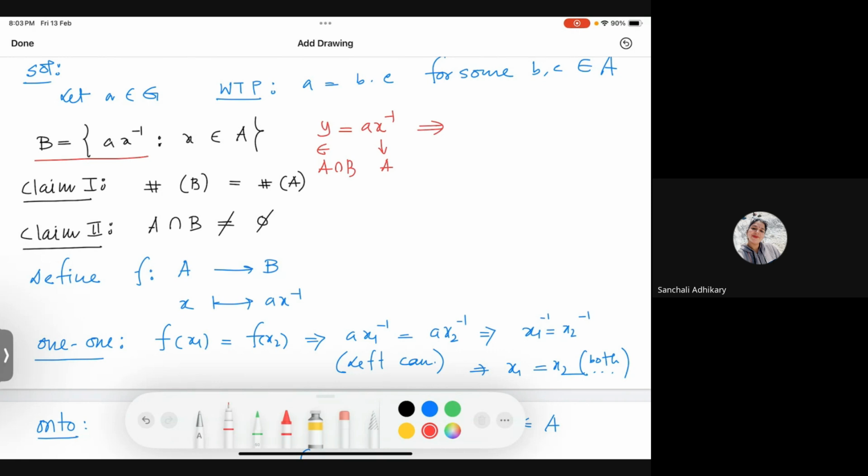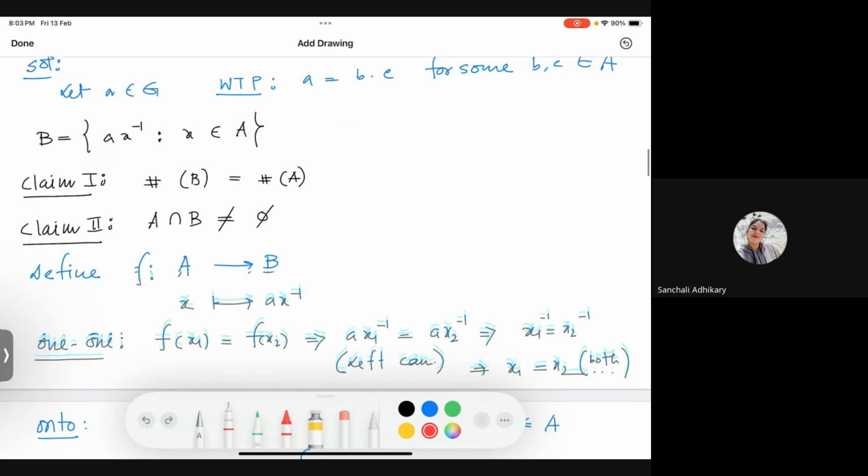So from here I can write A is equal to Y into X, where Y belongs to A and X belongs to A. See, Y belongs to A intersection B, so I can write Y belongs to A also. So A can be written as the product of two elements belonging to A, right? This is a nice question, okay?